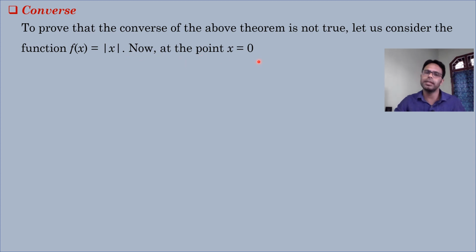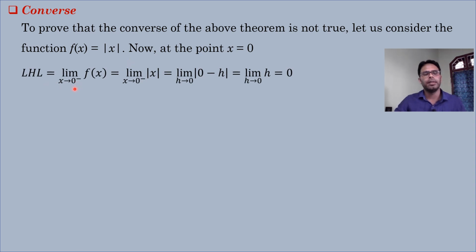So now at the point x equals 0, we check that this is a continuous function. We already know, because we proved this theorem in the previous chapter. The left hand limit, x tends to 0 minus of f(x): we are checking the continuity at x equals 0, so with 0 minus h, h tends to 0, it is mod of minus h, which is h only, so 0.